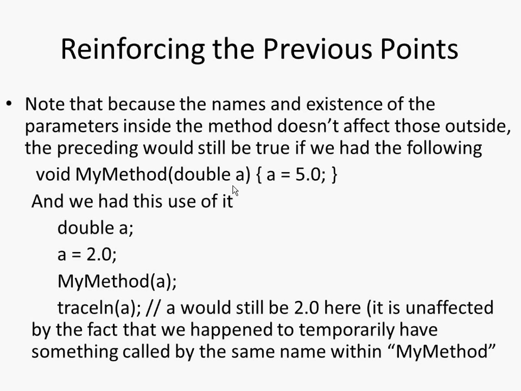So if we had my method, and it took in a person, I'm going to call it P, just so we're not mixing apples with oranges, mixing people with numbers.